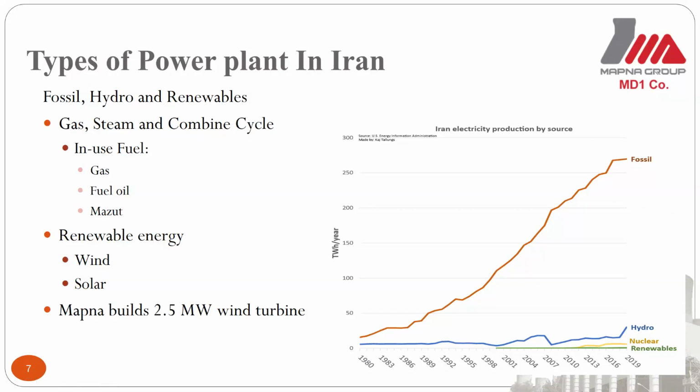As you can see in green, renewable, you can see this line at the bottom of this chart. Renewables is another category. Wind and solar sources have been trending recently, but obviously the growth is slow and it needs more investment. In this section, I have to note MAPNA built a 2.5 megawatt wind turbine as well as its blades.